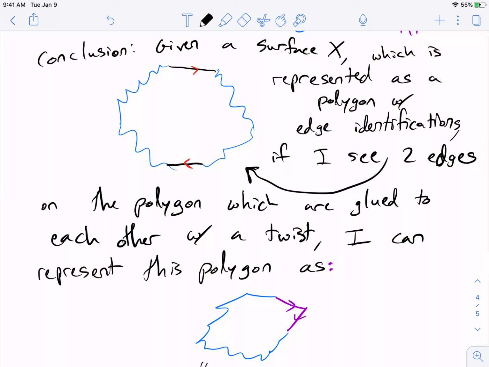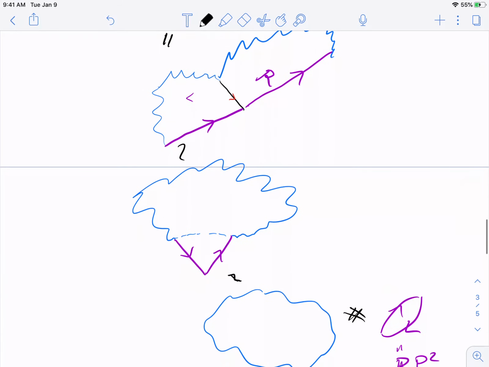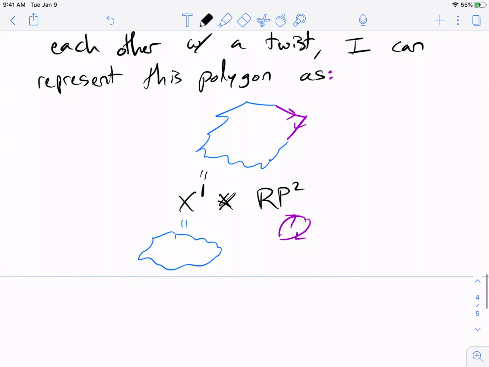If you see two edges that are glued together with a twist, then via this cutting and gluing procedure, you can re-represent that surface as a new surface where you've got two edges that are adjacent to each other glued with a twist. And whenever you see that, you know that part of your surface was an RP2.